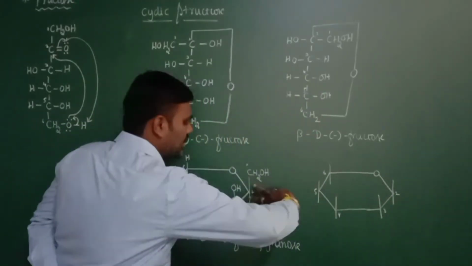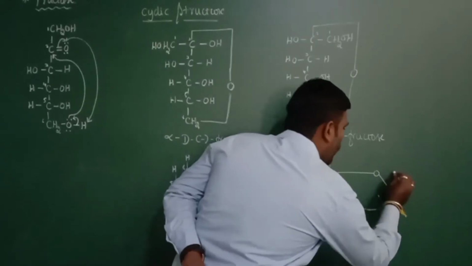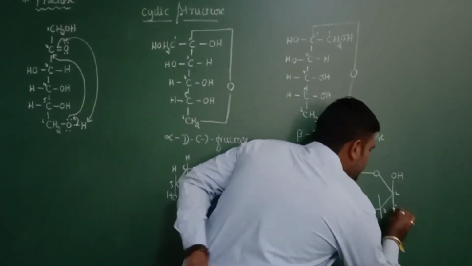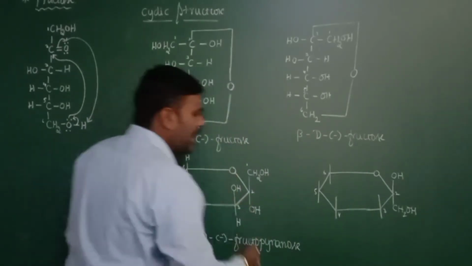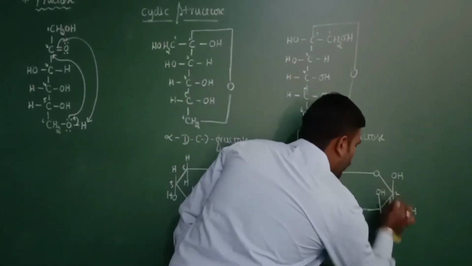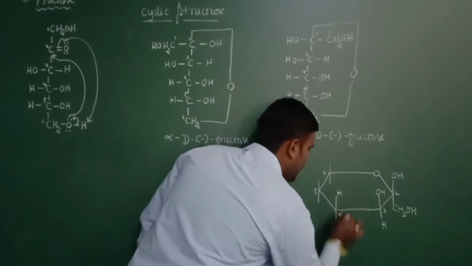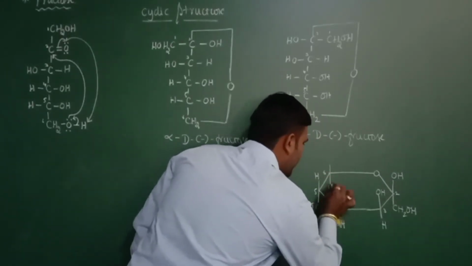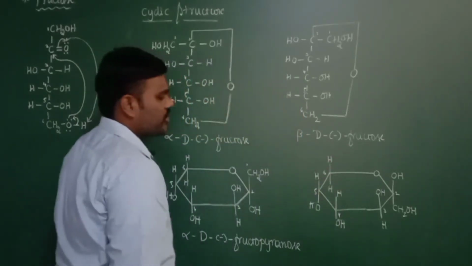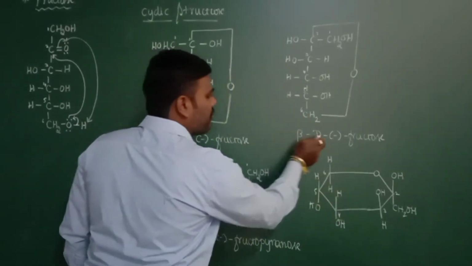So these two groups will get flipped. So OH will go to the top and CH2OH will come down, and all the remaining arrangement will be as it is. And here it is OH, H, H, OH, H, OH, and here it is H and H. That's the Haworth form of beta D fructose.